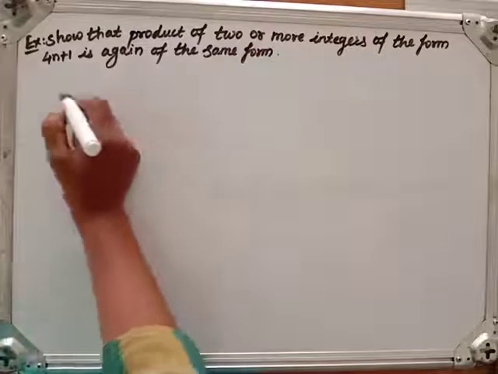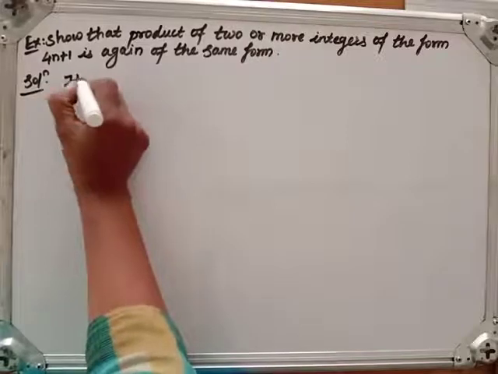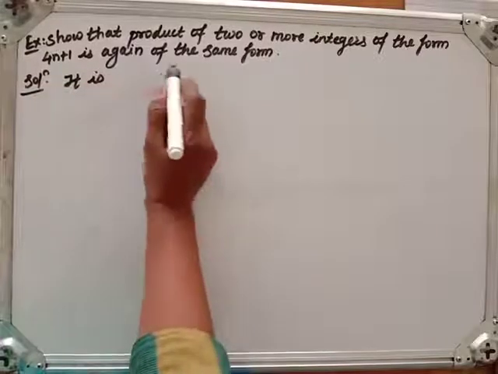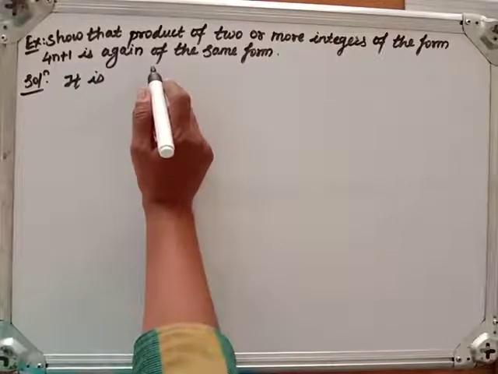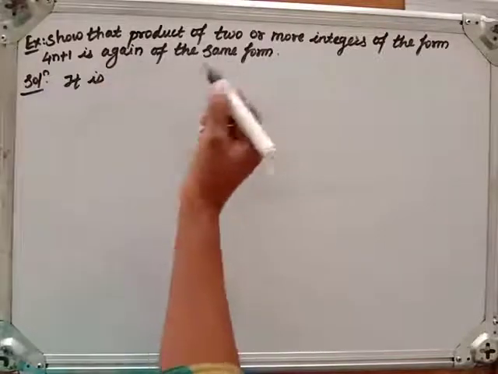Okay, so solution: the product of two or more integers of this form 4n+1 is again of the same form.